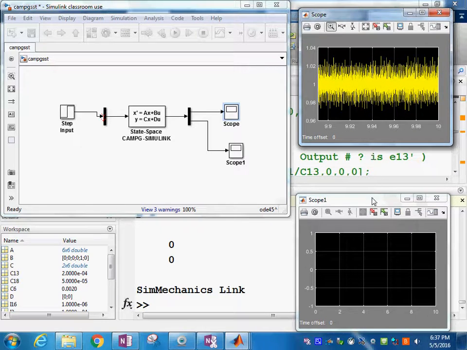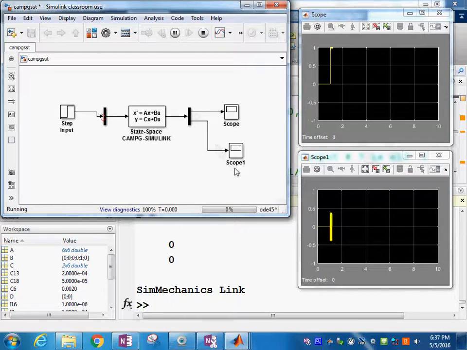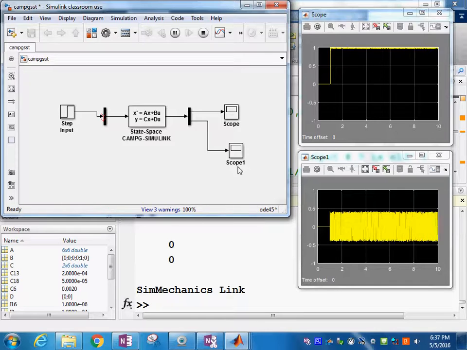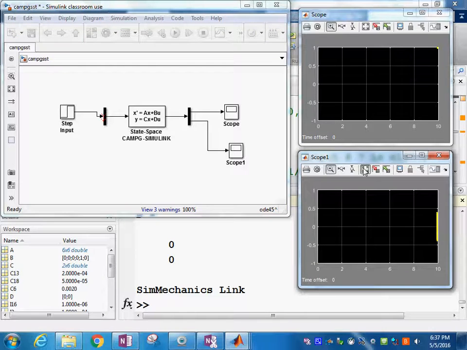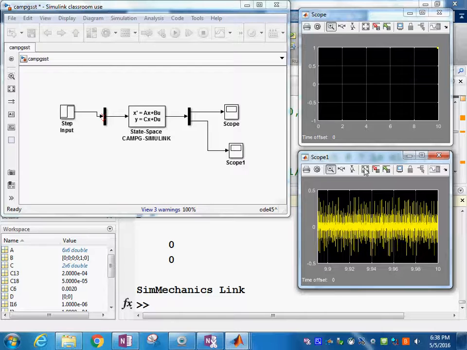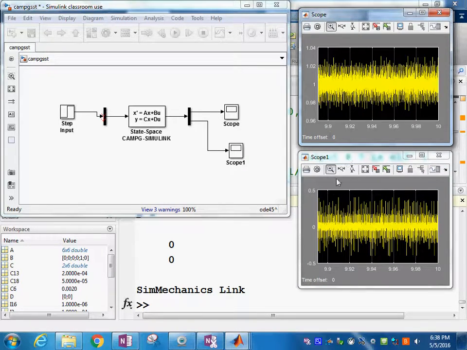If I go over here and say run, we have a bit of a noisy response in there, but I think we need to tweak the timing here. Perhaps what we need to do is, you see, the time is too long in here.